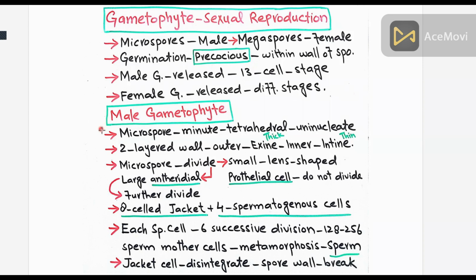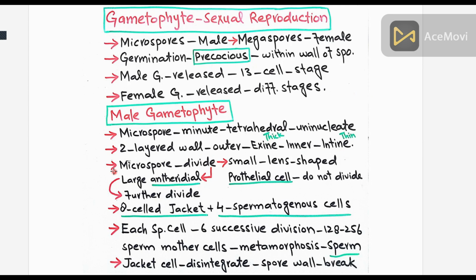Male gametophyte. A microspore is minute, tetrahedral, and uninucleate. Its protoplasm is surrounded by a two-layered wall. The outer wall is called exine, which is thick, and the inner wall is called intine, which is thin.